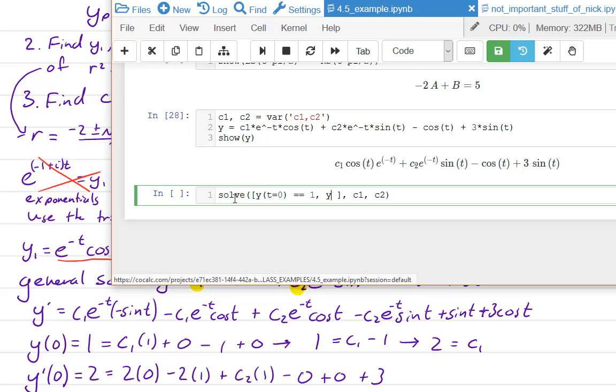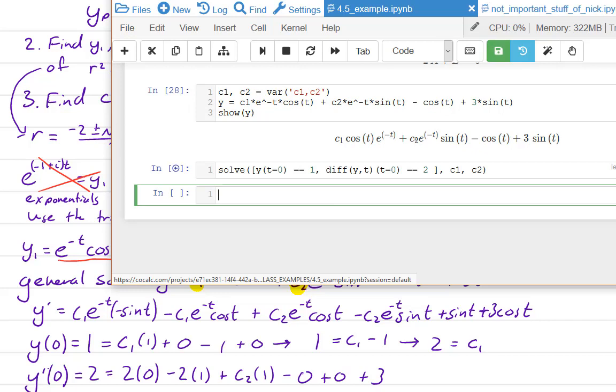And then also the derivative of y with respect to t, with t equals 0 plugged in, should be equal to 2. And that is now the system of equations that gives you these initial conditions that we're trying to solve for C1 and C2.